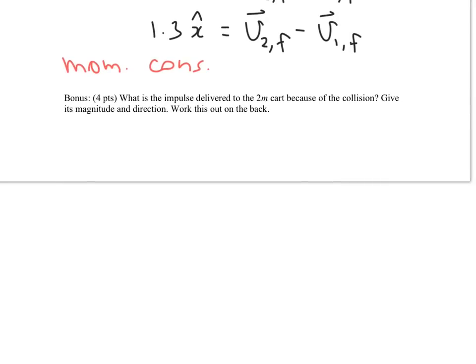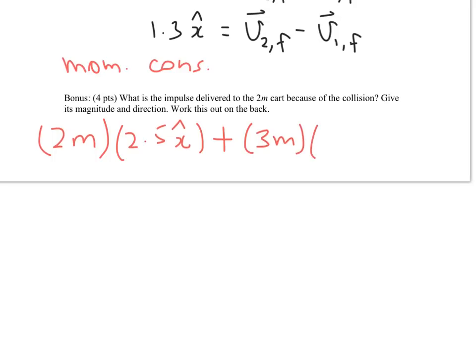Momentum conservation is as follows. It says the momentum before collision, which is the 2m, that's the mass, multiplied by its velocity, which is 2.5 x hat, you add to it the momentum of the other object, which is 3m, times its velocity, which is 1.2, positive, x hat.